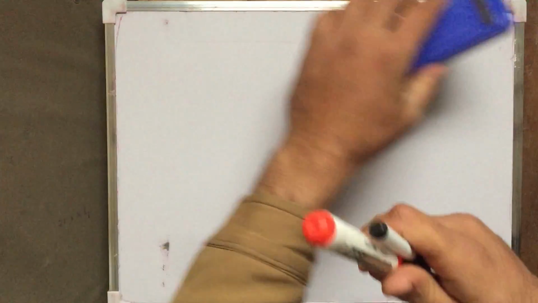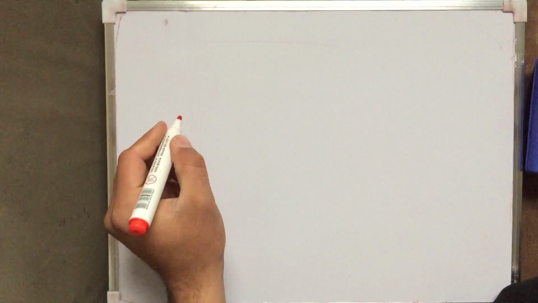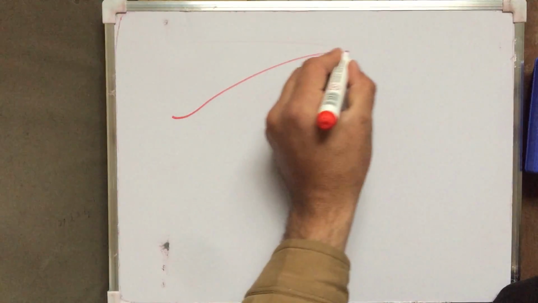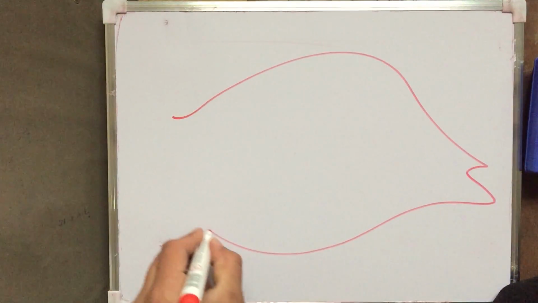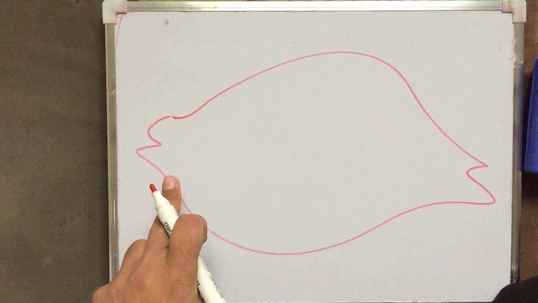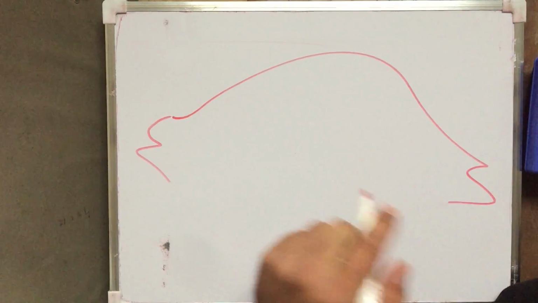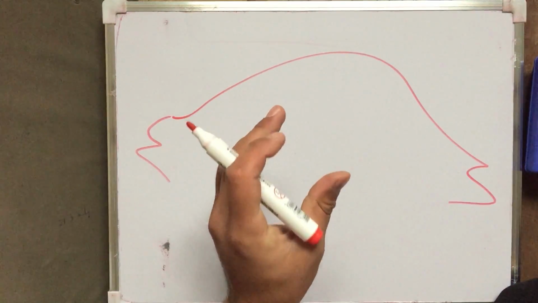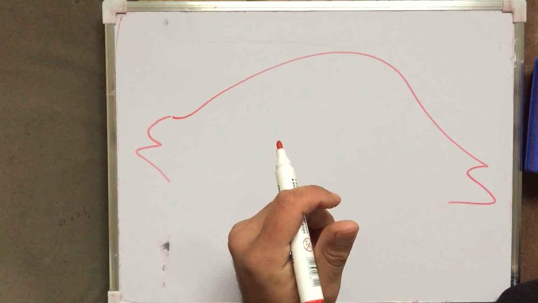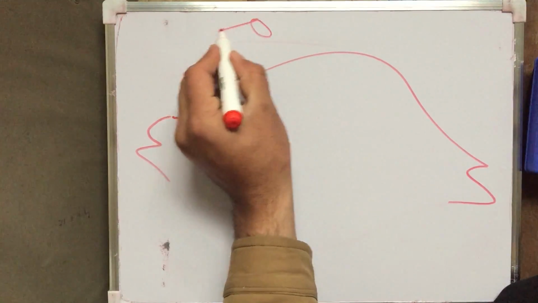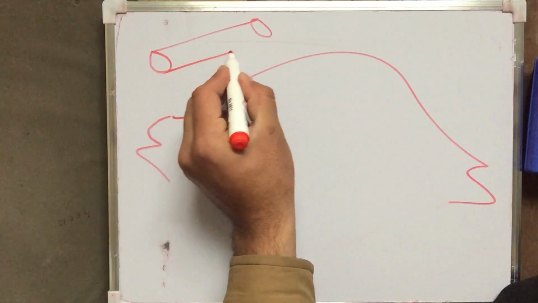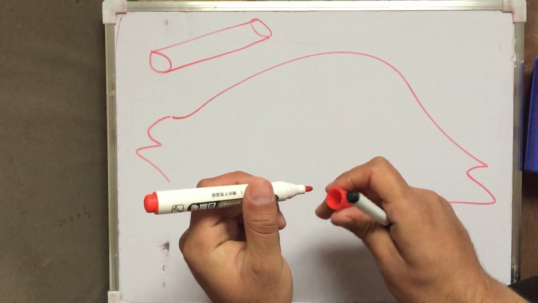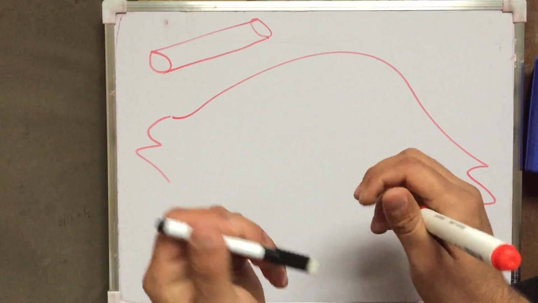Now I am going to draw a cell of a smooth muscle of a blood vessel. This is a cell of a smooth muscle of the blood vessel. This is a blood vessel which is carrying antidiuretic hormone.